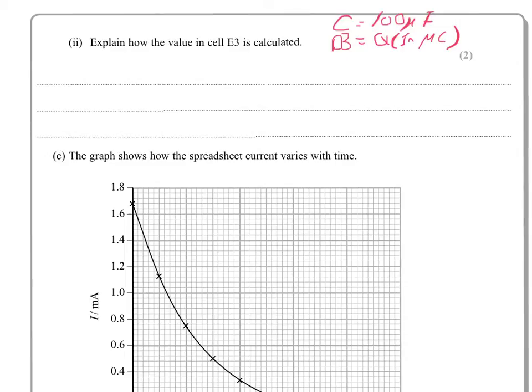Explain how E3 is calculated. Well, crucially, we've got a 100 microfarad capacitor. D3 contains the charge in microcoulombs.